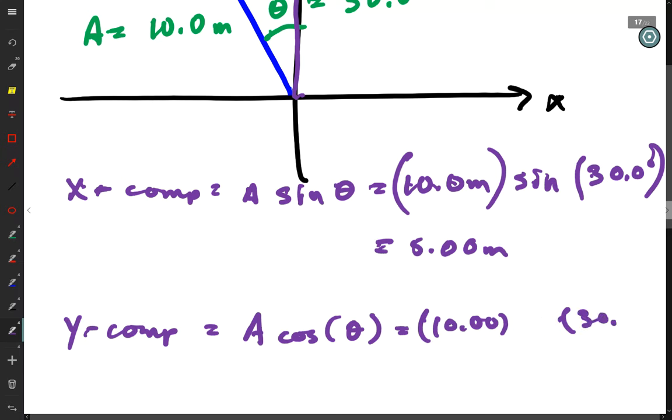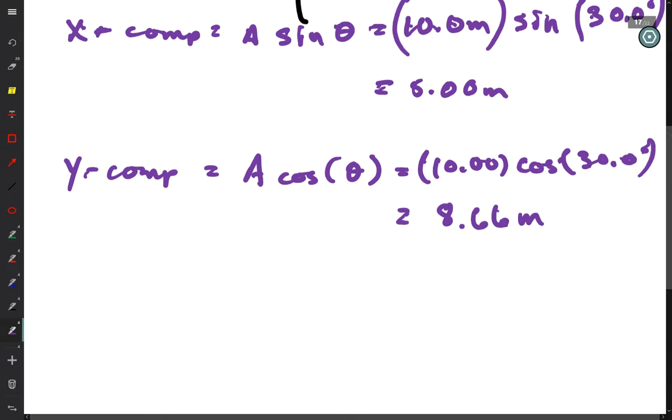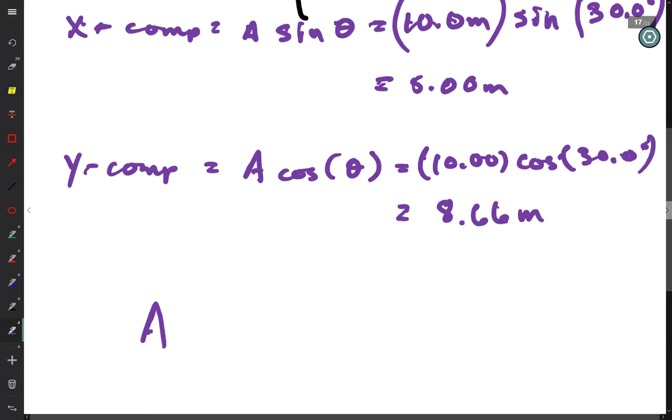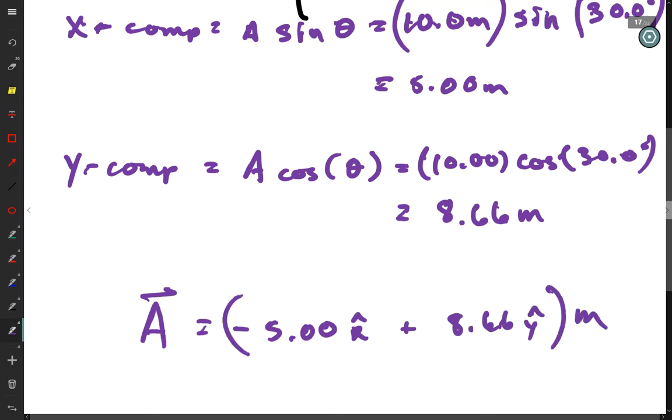It's a funny spelled cosine. And cosine of 30 is 0.866, so that's equal to 8.66 meters. And so now if I write my A vector, it's going to be minus 5.00 in the x direction plus 8.66 in the y direction. Better put units on there or I'm going to be wrong.